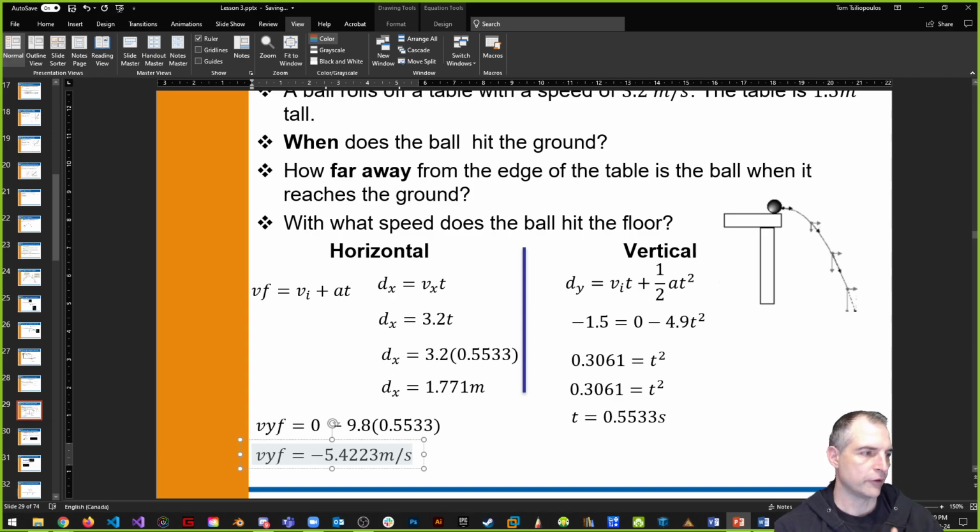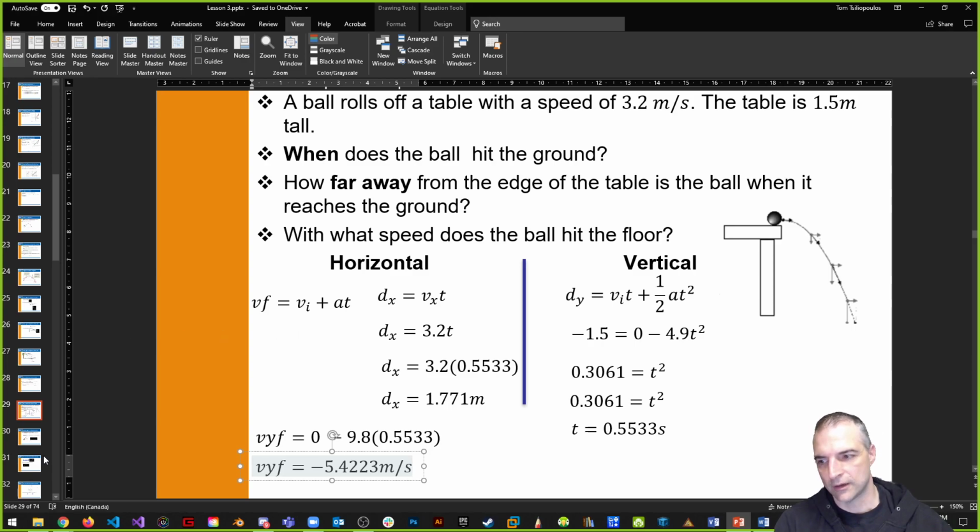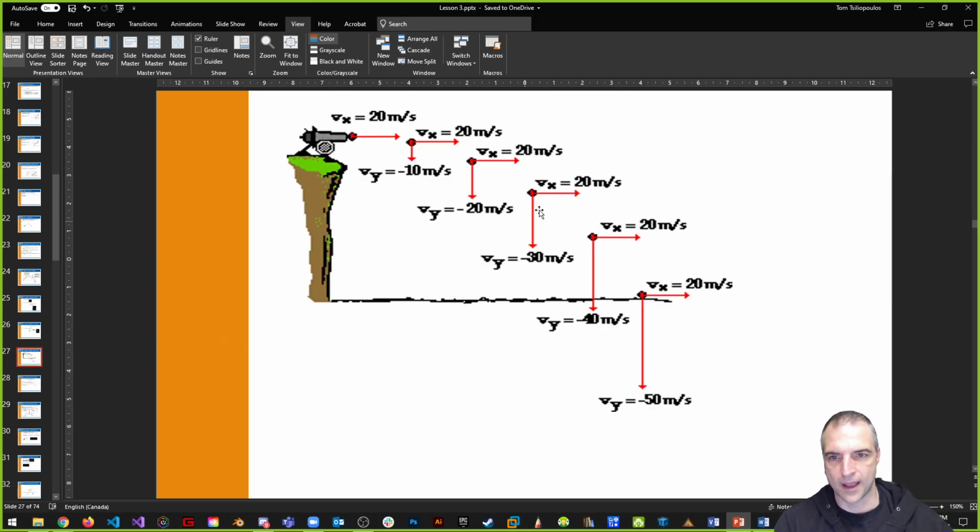Okay, cool. If we know that, do we care about the x-axis? No, because the x-axis is not going to change speed. The x-axis is still going to hit everything at 3.2 meters per second. Remember, the acceleration does not affect the x component whatsoever.